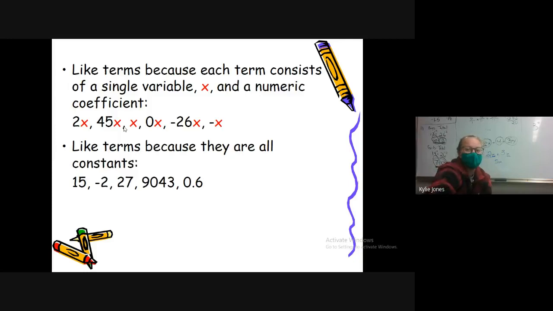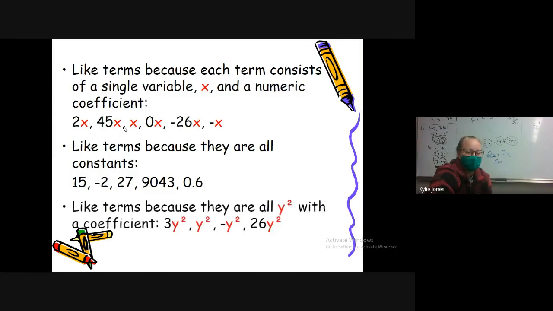No, we don't have time for that. So these are all like terms because they're constants. You can add together the constants. And then these ones are all like terms because they have y to the second power, y squared. You can combine all of these ones because they have the same variable raised to the same exact power, or exponent. So what would you do? You add all of them? We're going to talk about it.